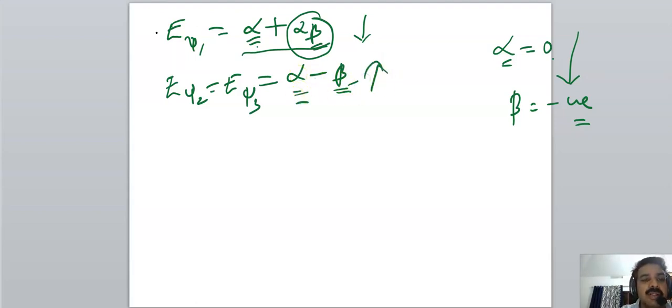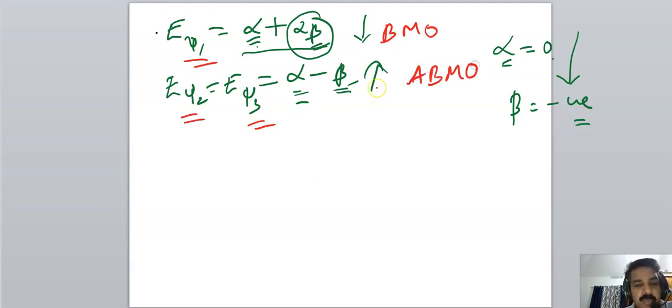Okay, therefore psi 1 is the bonding molecular orbital, psi 2 and psi 3 are the anti-bonding molecular orbitals. So we can write the energy diagram. This energy is alpha, lowest energy, that is alpha plus 2 beta.